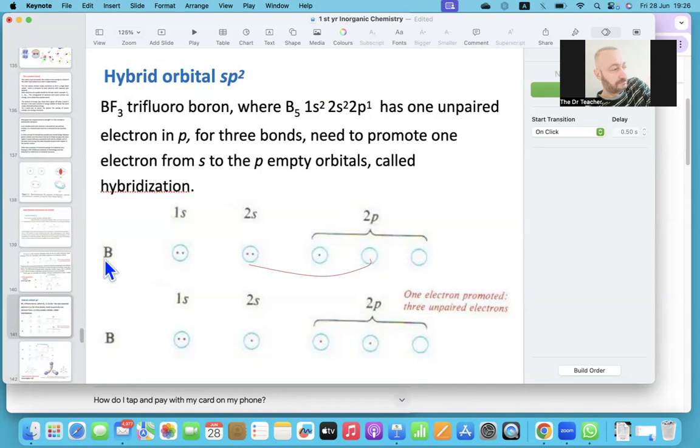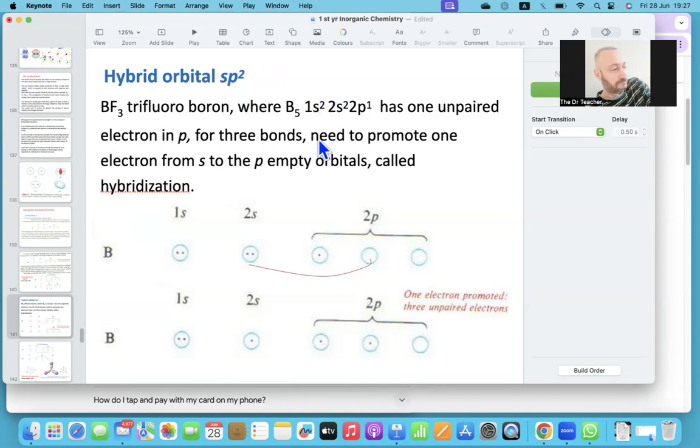That belongs to the hybrid orbital sp2 of the central atom, boron. Not for fluorine, but for the boron. So the boron can do bonding using one electron in s, one electron in p, and one electron in p.